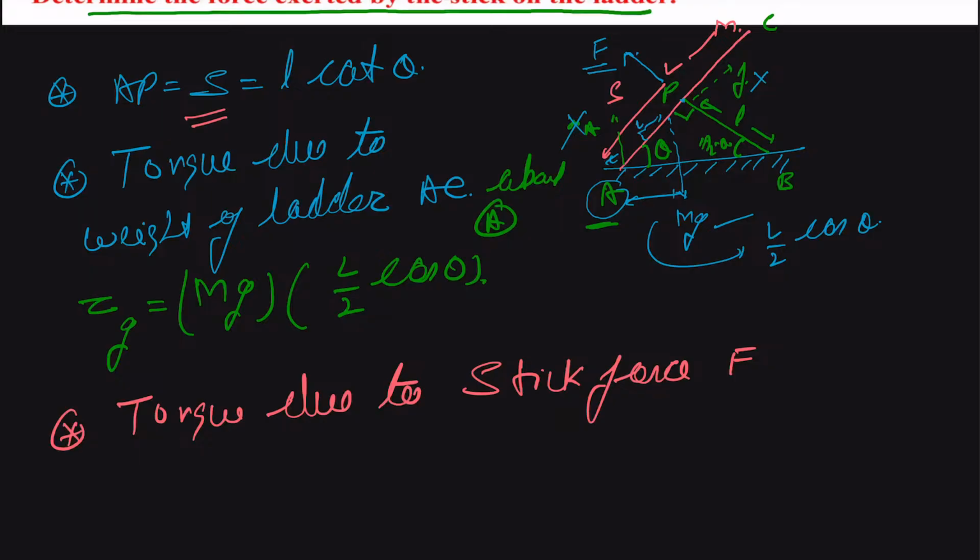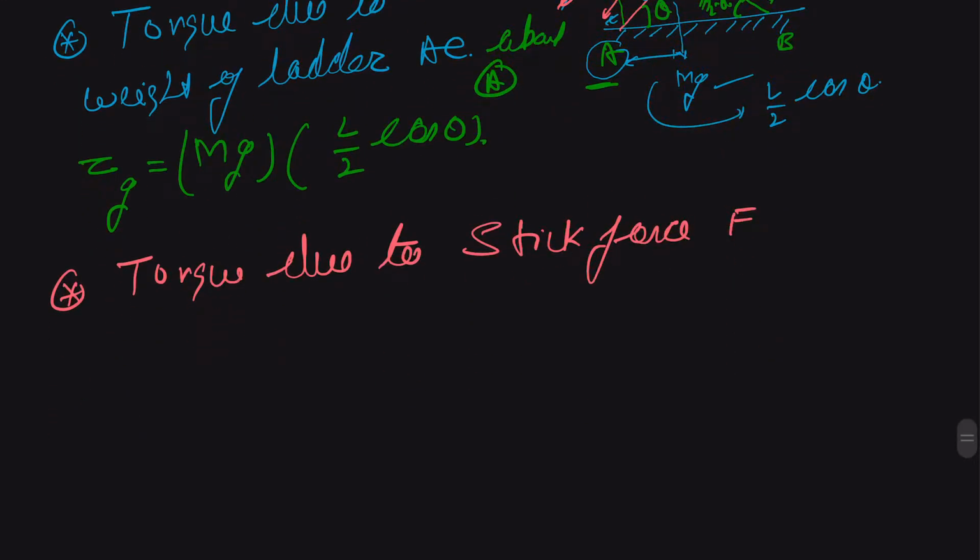Okay, so this is our distance S. Therefore we can say that tau of F will be equal to F multiplied by the lever arm, that is S. S we already know, so this comes as F L cot of theta.